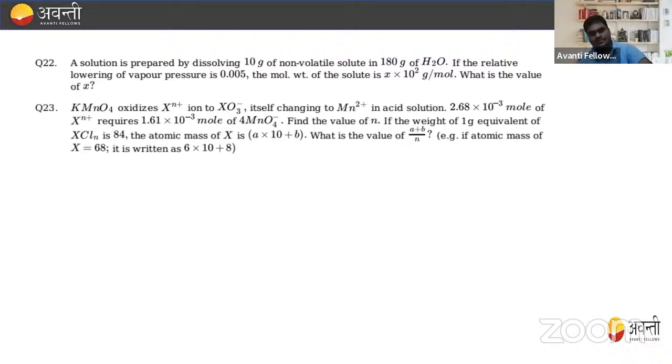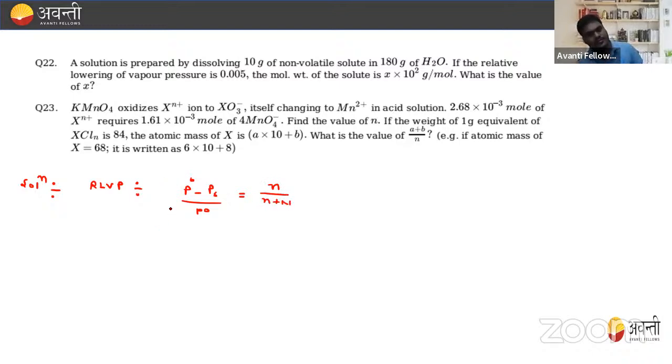So we know that for the relative lowering in vapor pressure, the formula is (P naught minus Ps) upon P naught, which is equal to the mole fraction of the solute, which is equal to the number of moles of solute upon the number of moles of solute plus the number of moles of solvent.